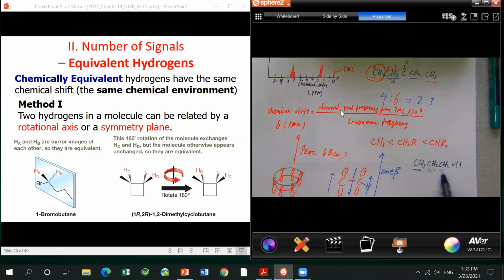This one is also different from this CH2, and eventually the OH. So all those CH2, CH3, OH have different chemical environments. That's why for the propanol you see 4 signals.